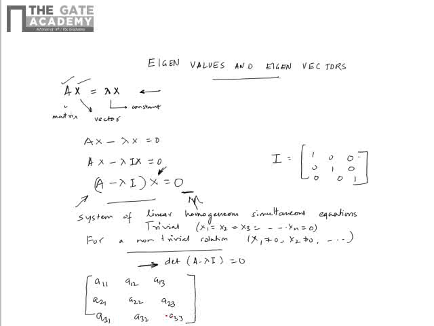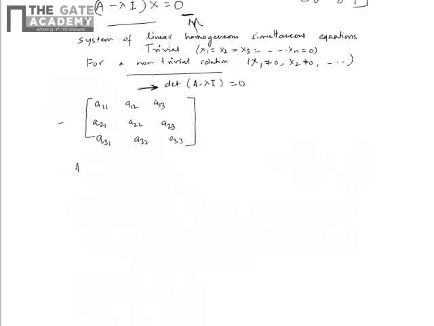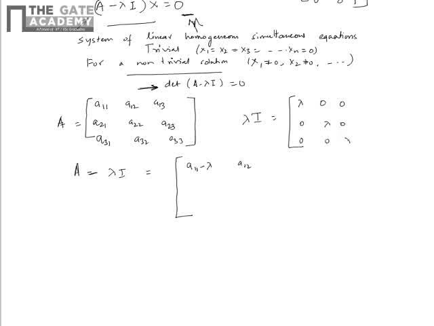So this is the A matrix, and therefore A minus lambda I would be A11 minus lambda, and so on, because lambda I would be something like this: lambda, 0, 0, basically multiplying the identity matrix with some constant.